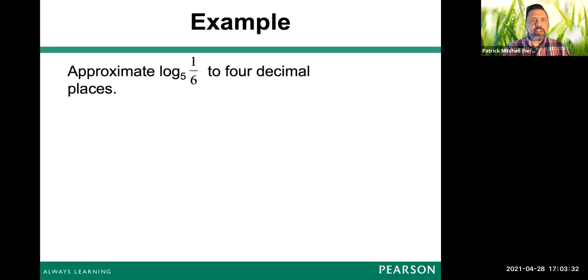Okay, so let's use this formula to approximate log base 5 of 1/6 to 4 decimal places. So using common logarithms, you get log base 5 of 1/6 is equal to log 1/6 divided by log 5. You know what, let's do this on our calculator, why not?